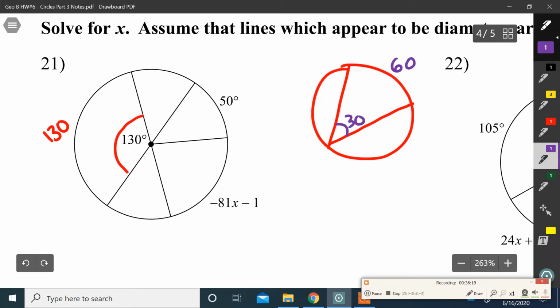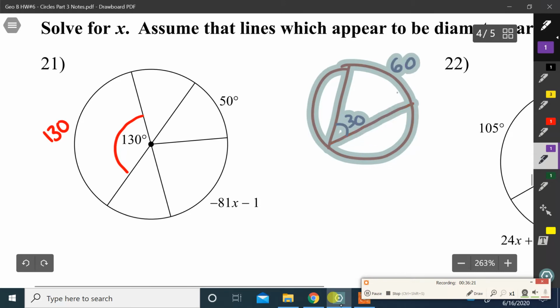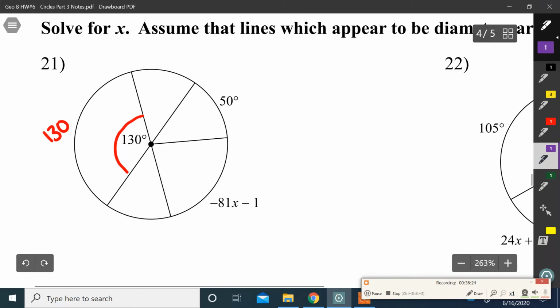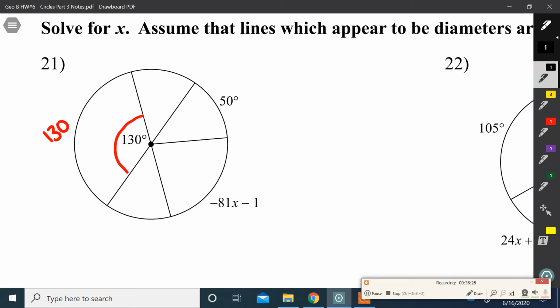It's completely different, because on this one, you're actually in the middle of the circle. So if that's 130, are we actually going to need that? I don't think so.